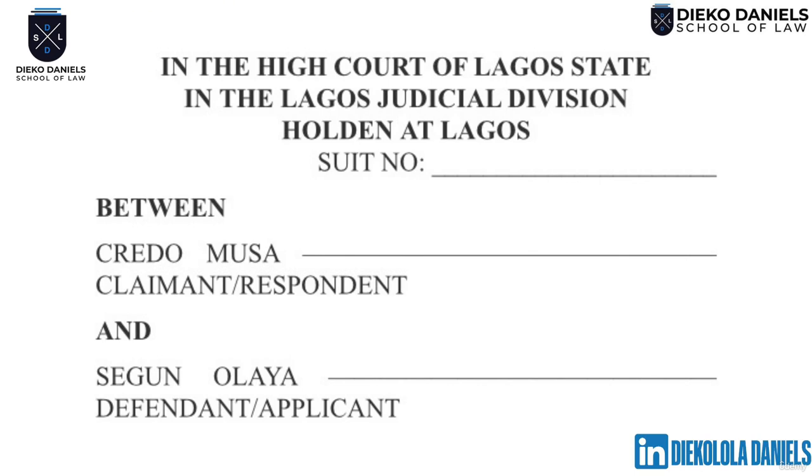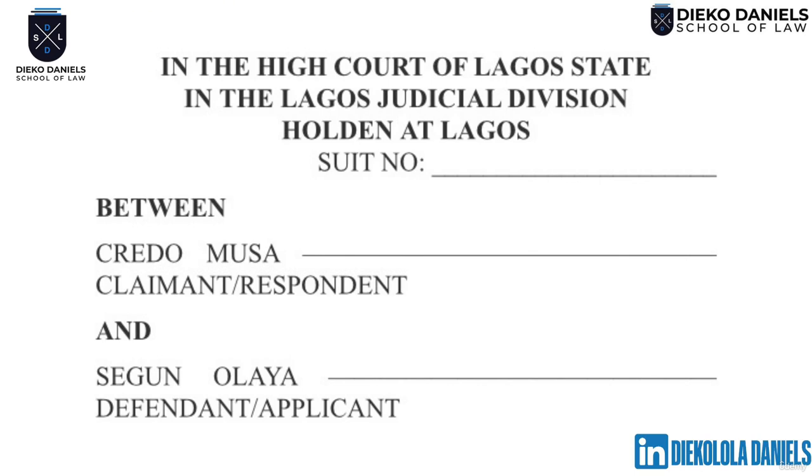Now, I further have taught you that when it has to do with the designation of the parties, we have claimant and we have defendant. But because this is an application, we also need to have applicant and respondent in the designation of each of these parties.